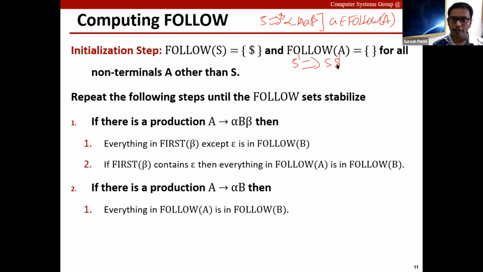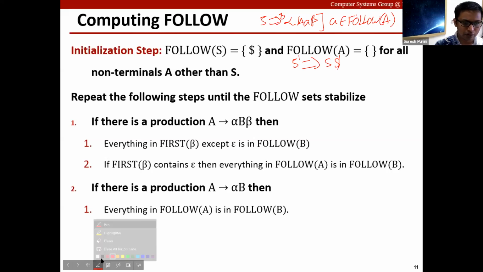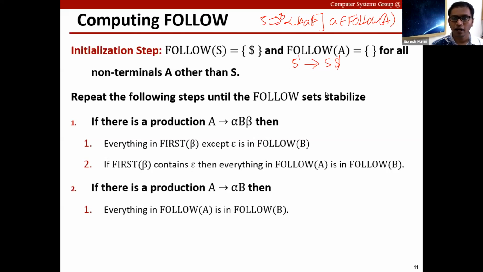If you augment a grammar with the substitution rule S prime goes to S dollar, then naturally the dollar symbol will always be present in the follow set of S.